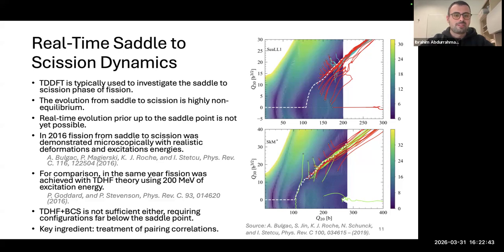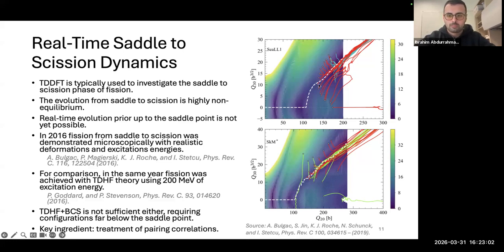So this is already the strongest evidence that superfluidity is absolutely essential for fission. In 2016, people used time-dependent Hartree-Fock theory, so no superfluidity.